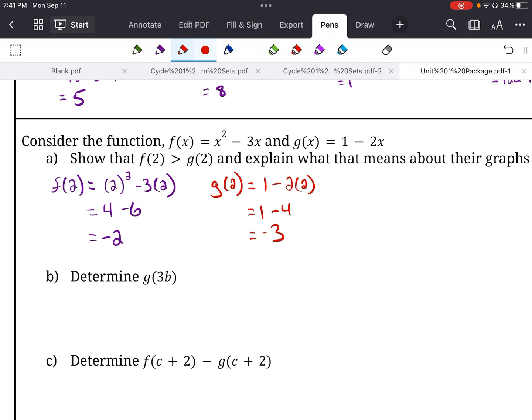So if you were to graph both of these, you would find when x equals 2, the f function has a greater value than the g function.